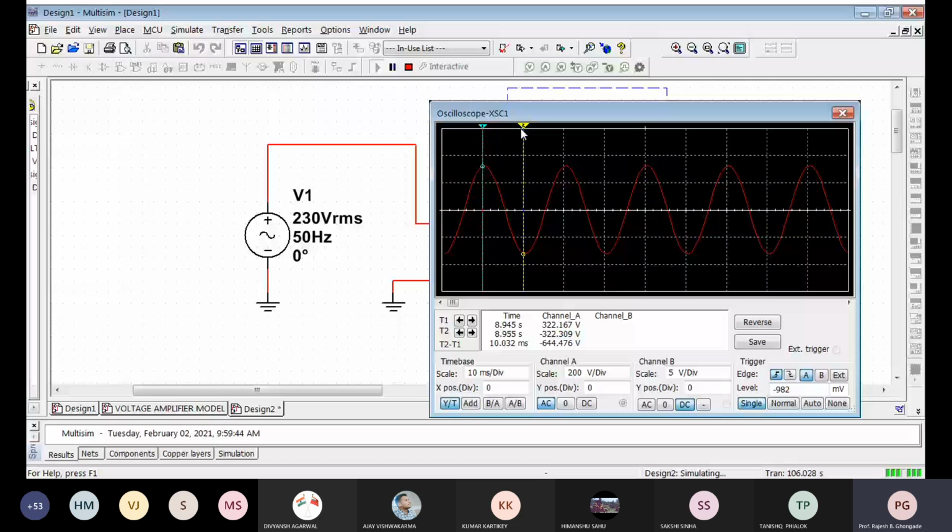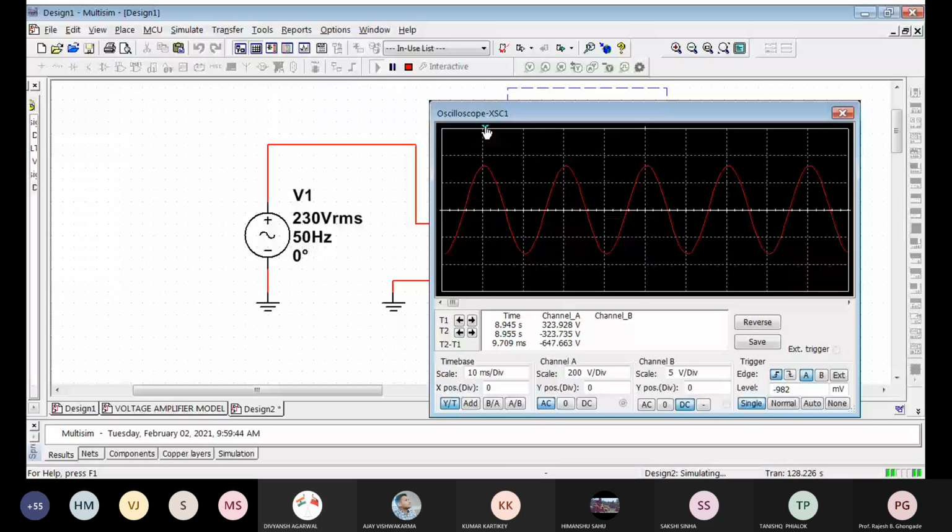It is 322.167 volts. Actually, the placement of the cursor is not really accurate from this point of view, so it may be slightly different from the actual theoretical value. Actually, it is supposed to be how much? How do you convert RMS to peak?